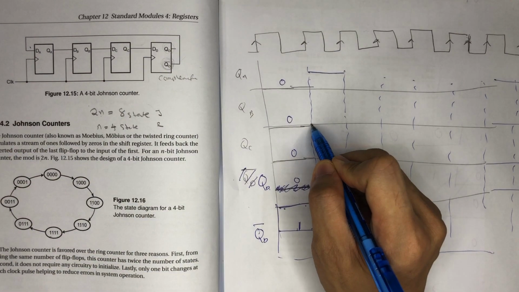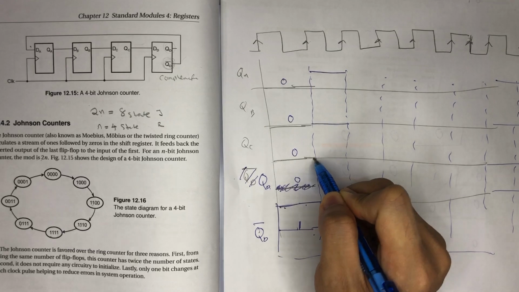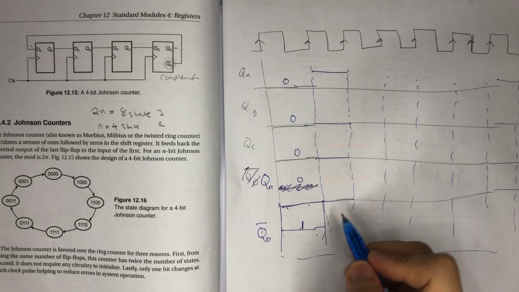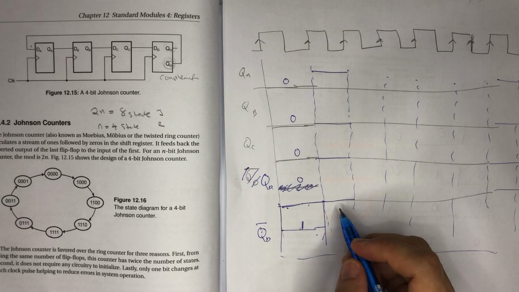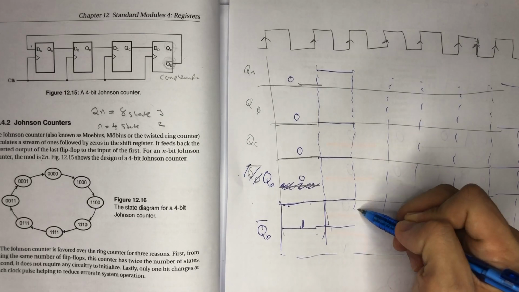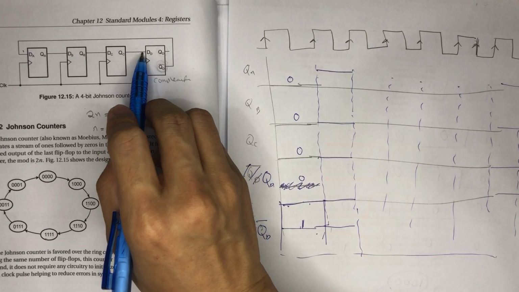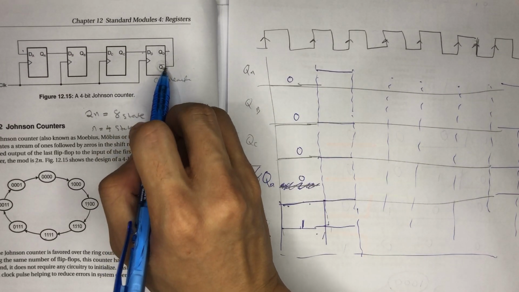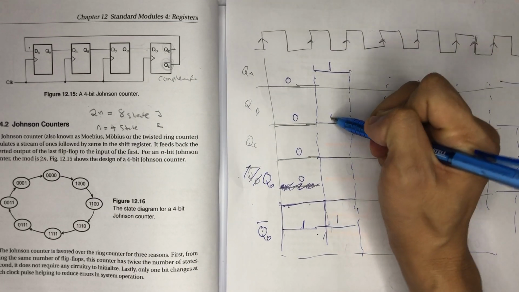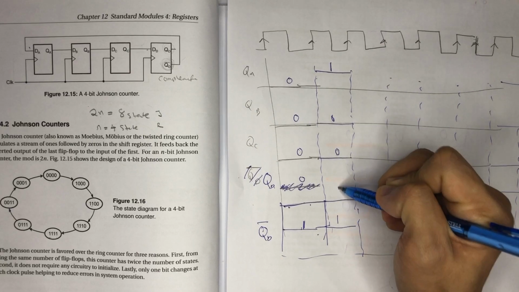And then this one is still 0, and this one is still 0, this one is still 0. And this one is still 1, because if you see this 0, this one is always inverted. So the next stage is that you have 1 0 0 0.